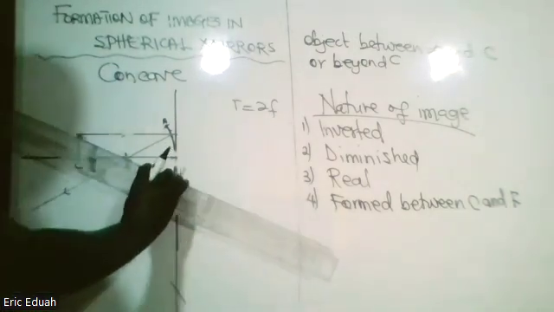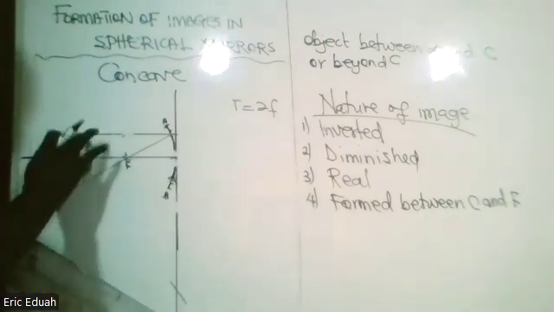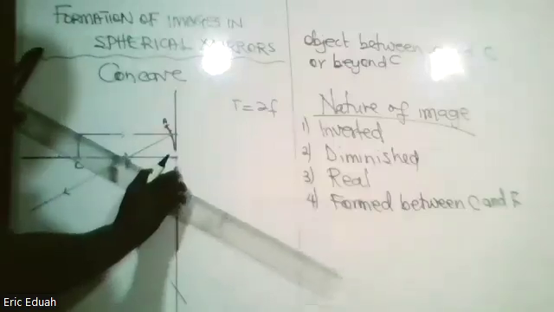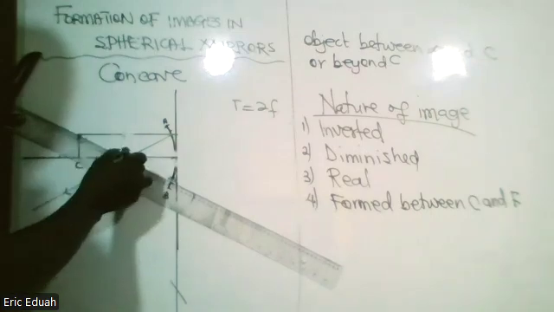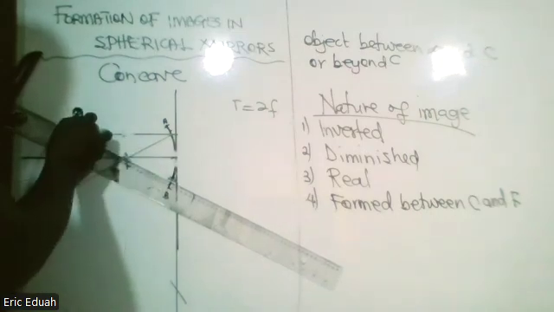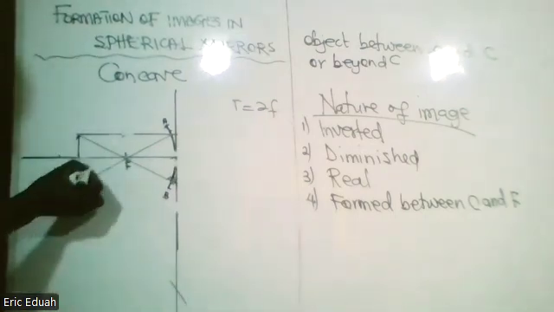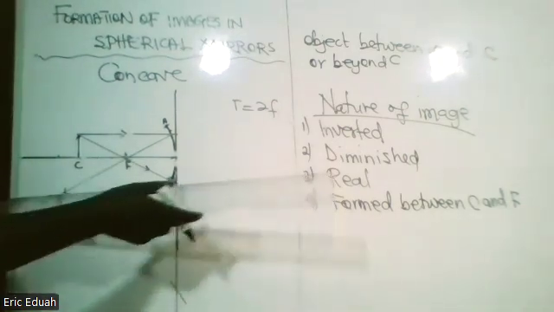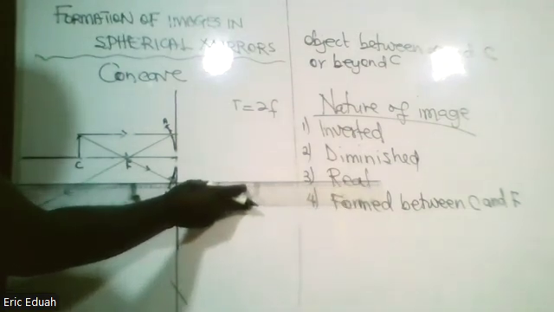Then a ray of light, you are free to use any of them. A ray of light from the object passing through F, after reflection, must be parallel to the principal axis. And here you have to be careful.